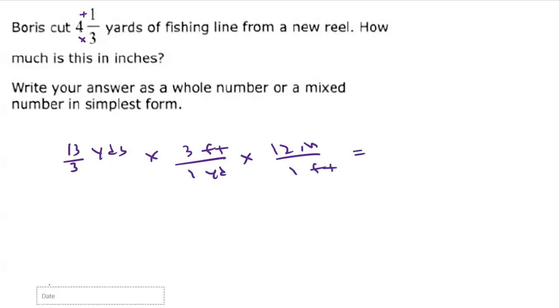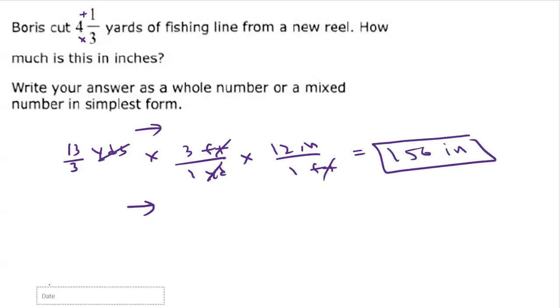I want to make sure that I have 1 unit on the top and 1 unit on the bottom that are the same so I can cancel them. So the yards cancel, the feet cancel, and we're left with inches. Then we just multiply everything on the top and everything on the bottom. When we do that, we get an answer of 156 inches.